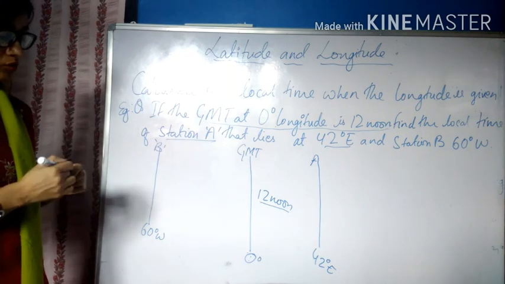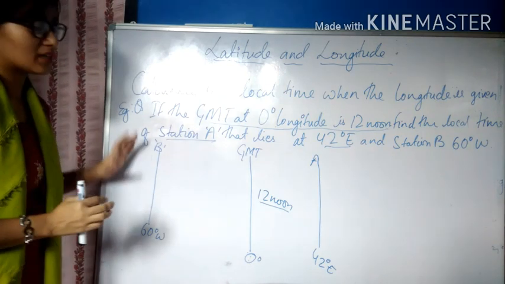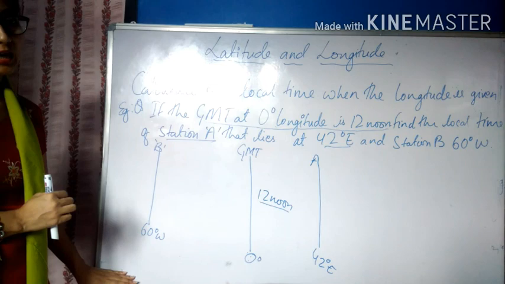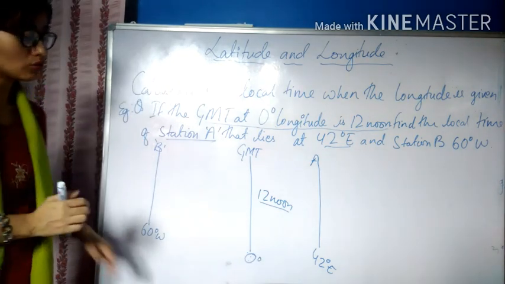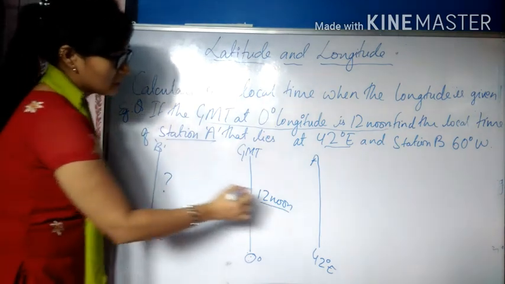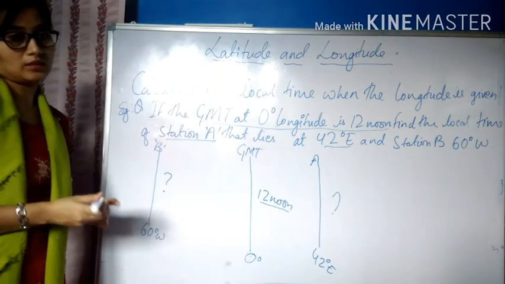So you have to make this kind of diagram with the help of a longitude, what is given in your question and what is asked in your question. Now here you have to find the time of these two places.